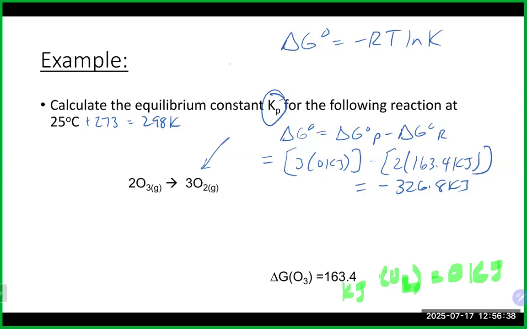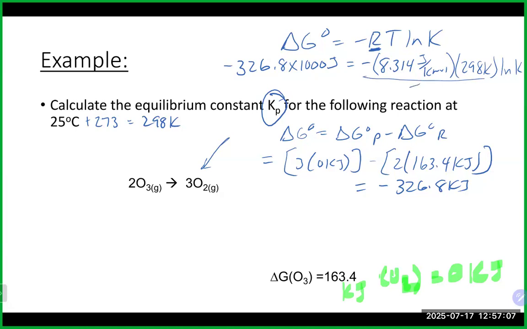We'll go minus 326.8. I am going to multiply mine by 1,000 to convert it into joules. The reason I'm doing that is for this guy right here, which is R, which is in joules. So once again, you do have to do some type of conversion or you will be off. We can go 298 and natural log of K. We're going to take all this and divide it to the other side.